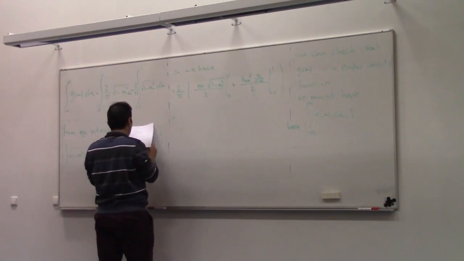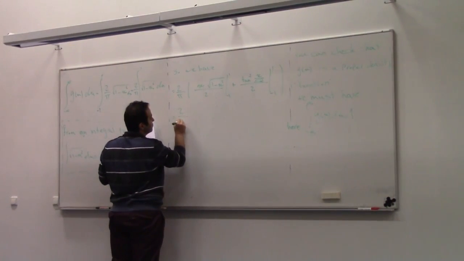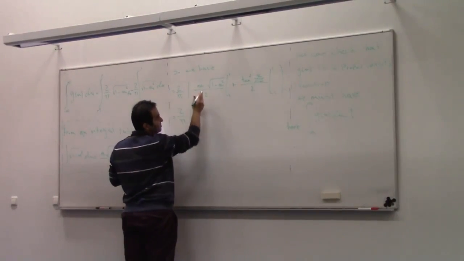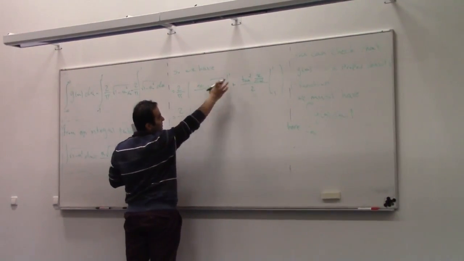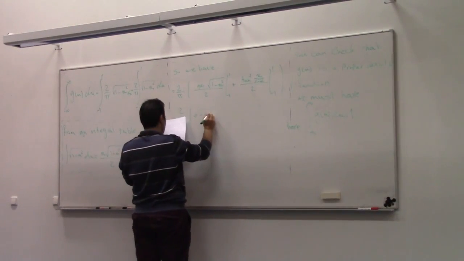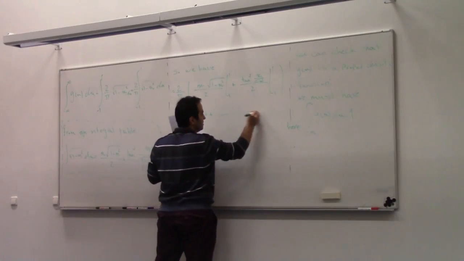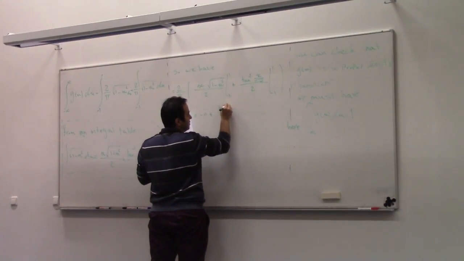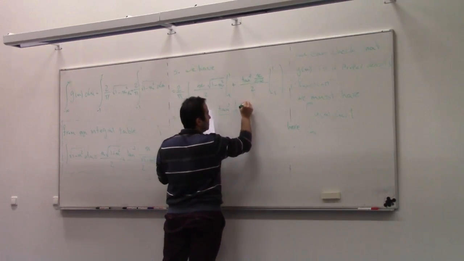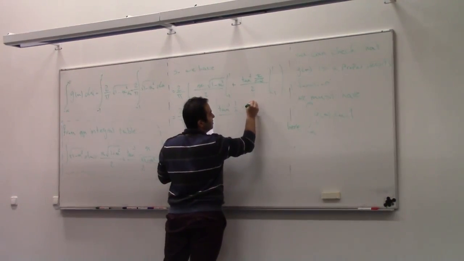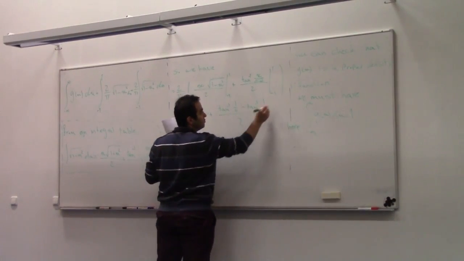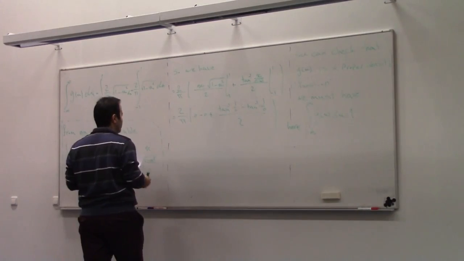Then you can write 2 over pi. If you put it here, you find 0 when we put the 1 here, and 0 when we put minus 1 here. Plus tangent inverse of 1 over 0 minus tangent inverse of minus 1 over 0, over 2. You know that's infinity.